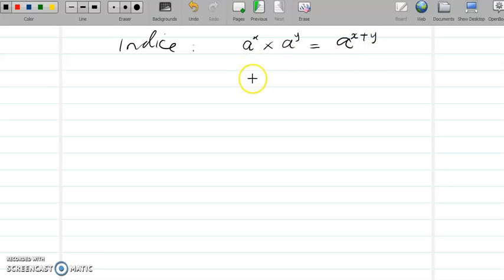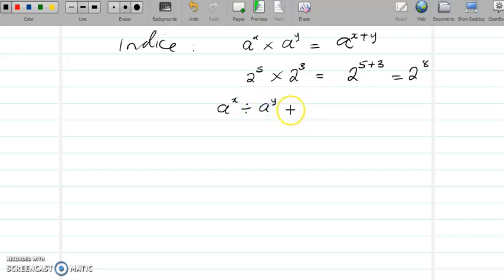What I mean by that is, if I have 2 raised to power 5 times 2 raised to power 3, this simply gives me 2 raised to power 5 plus 3, which is 2 raised to power 8. In the same way, if we have a raised to power x divided by a raised to power y, this means a raised to power x minus y.